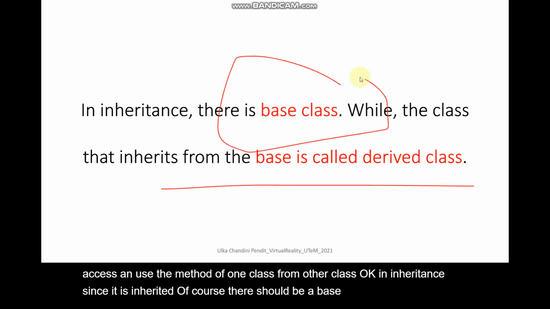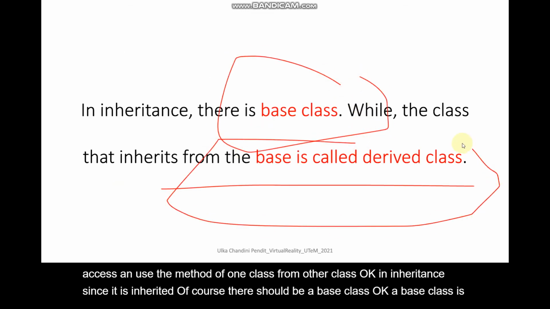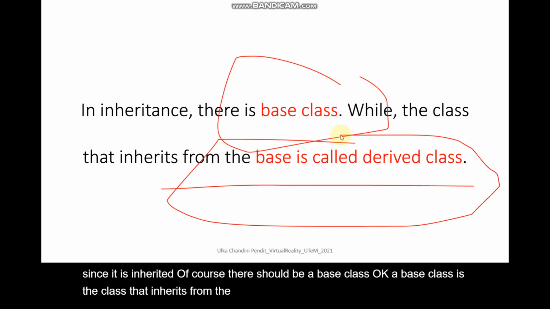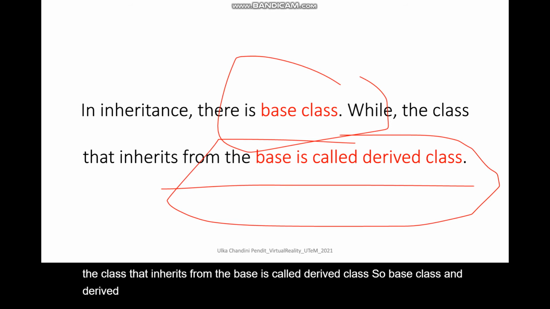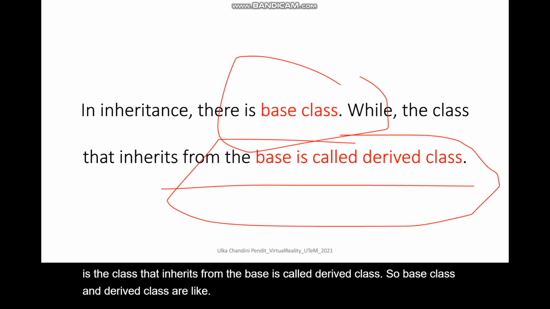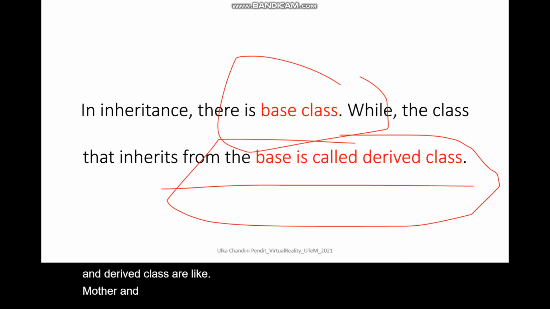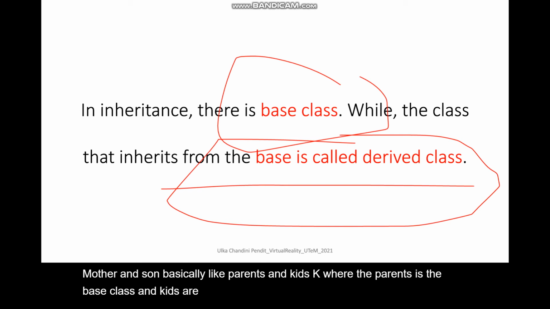The class that inherits from the base is called the derived class. So the base class and derived class are like mother and son, basically like parents and kids, where the parents are the base class and the kids are the derived class.